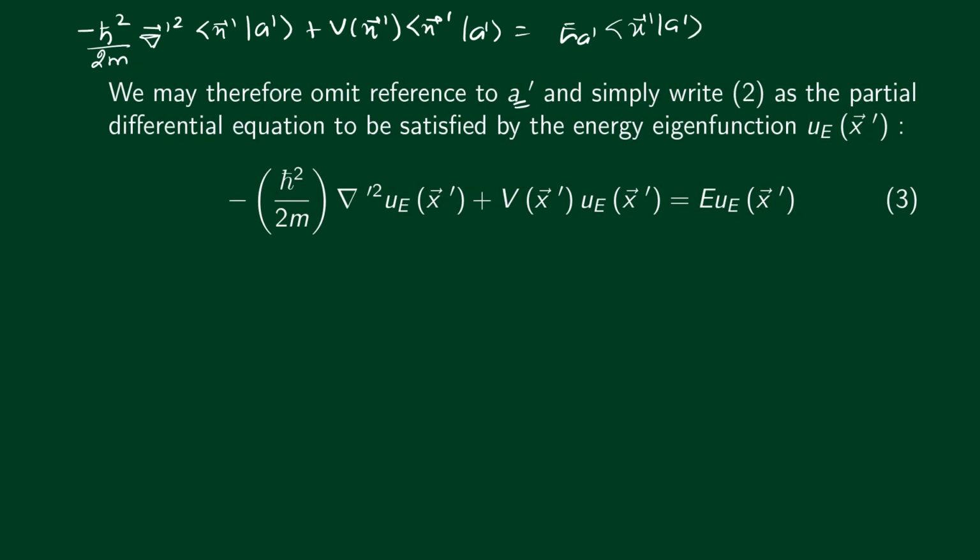So we don't have to now specifically refer to the eigenvalue of another operator A. Okay, so we can drop this and we can denote this eigenfunction as simply u_E of x vector prime. Okay, now if you do that, this equation becomes minus h bar squared divided by 2m del prime squared of u_E of x vector prime plus V of x vector prime multiplied by u_E of x vector prime, this is equal to E multiplied by u_E of x vector prime. Okay, we have got the energy eigenvalue equation.